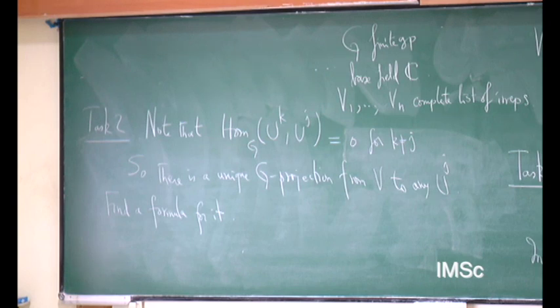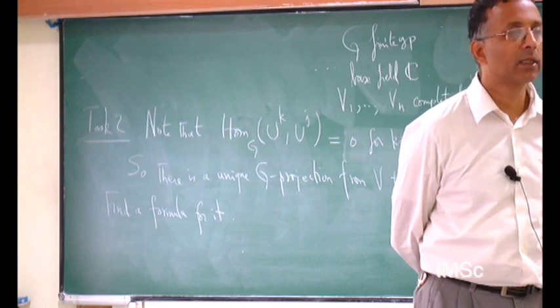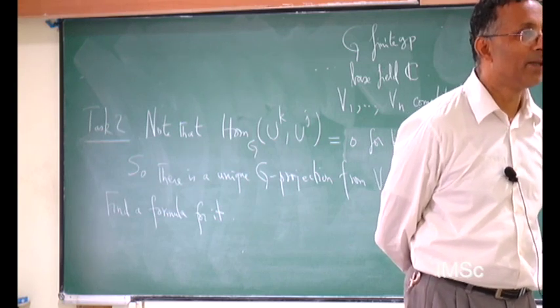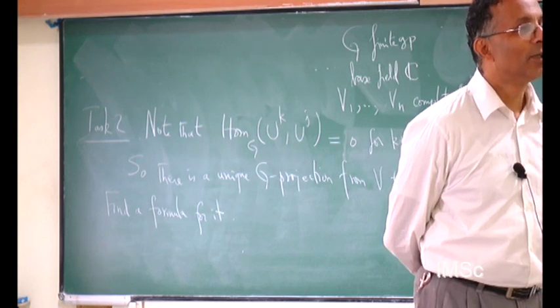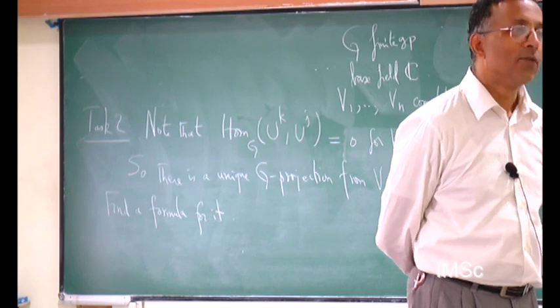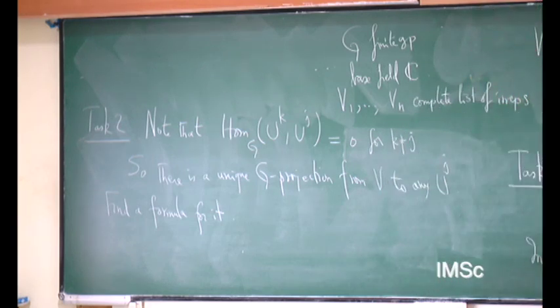You can get a G projection, but it doesn't even make sense to ask if this is unique, because your U lower one may be very different from my U prime lower one. This question makes sense only because this Uj is independent.